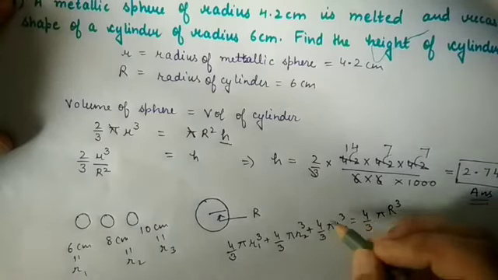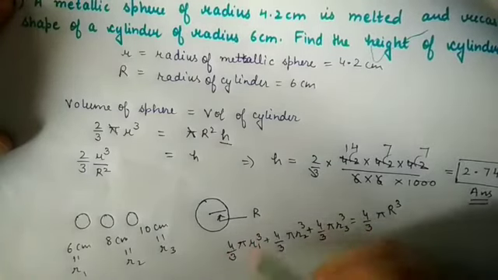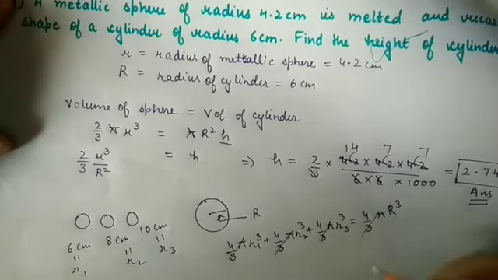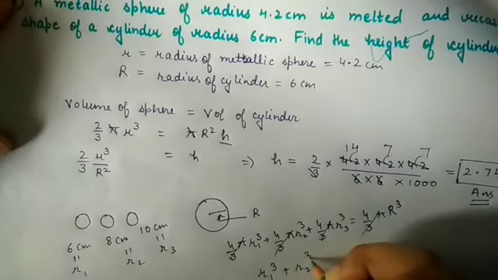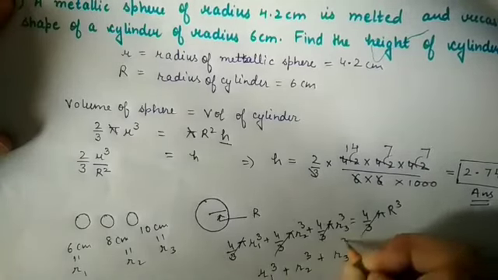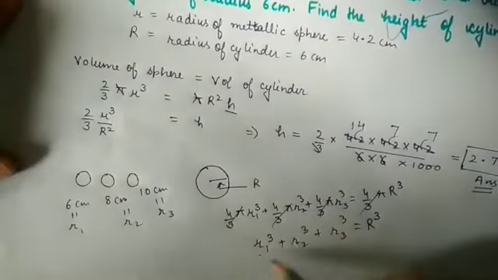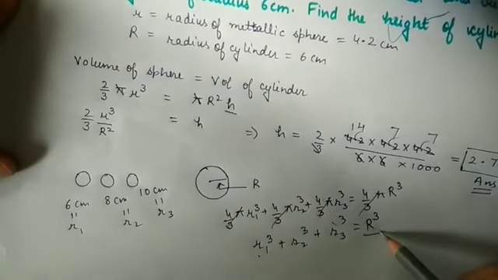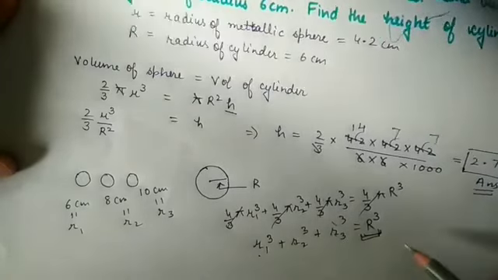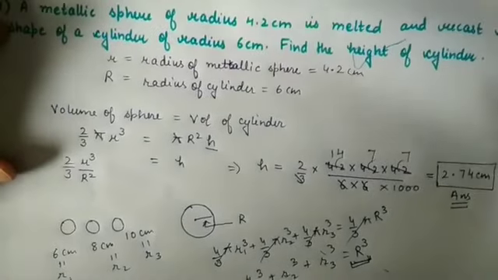So now you will take 4/3 pi common from left hand side, so it will cancel. So these terms will cancel out, and you will be left with r1 cube plus r2 cube plus r3 cube is equal to capital R cube. Now you have the value of r1, r2 and r3, so you will put it, and from here you can find the value of capital R, and that would be your answer. So I am not solving it, but I have told you the method.